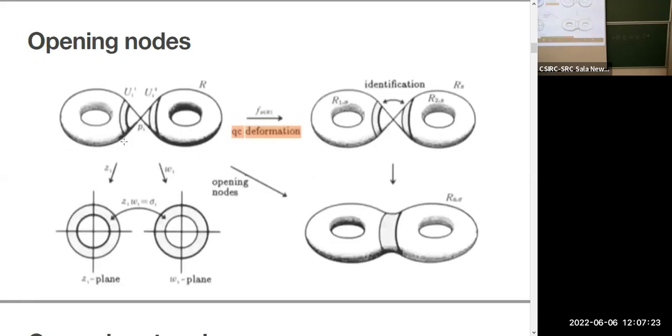And how does the node opening work? So I have two points, say P and Q, that I want to glue into a node. And for that, I take a local coordinate V and here coordinate W around these two points. And I consider a disk of radius delta here also.